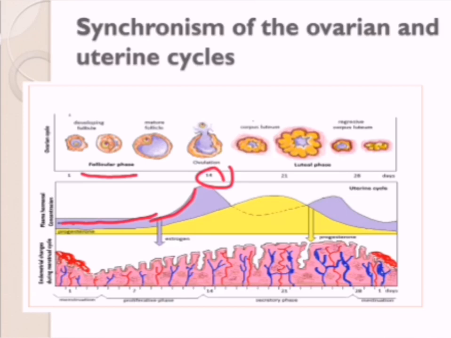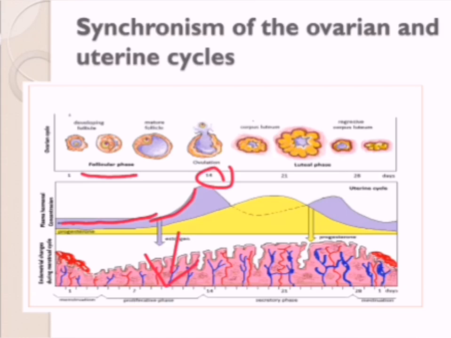Now, estrogen hormone is responsible for the proliferation of the endometrium. So the secretion of estrogen induces the thickening and proliferation of the uterine mucosa.